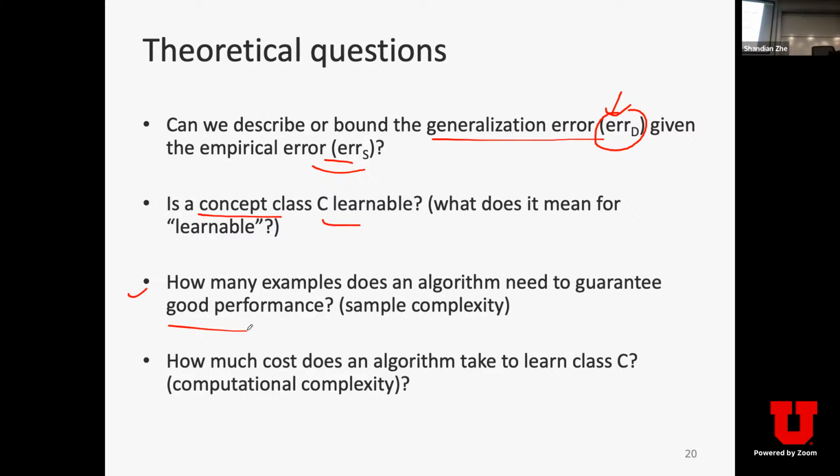If you can answer this question, you can answer a lot of practical questions. This kind of question is called sample complexity. And the last one is: what's the cost for an algorithm to learn a class C? That regards computational complexity. Of course, you want your algorithm to be as cheap as possible.